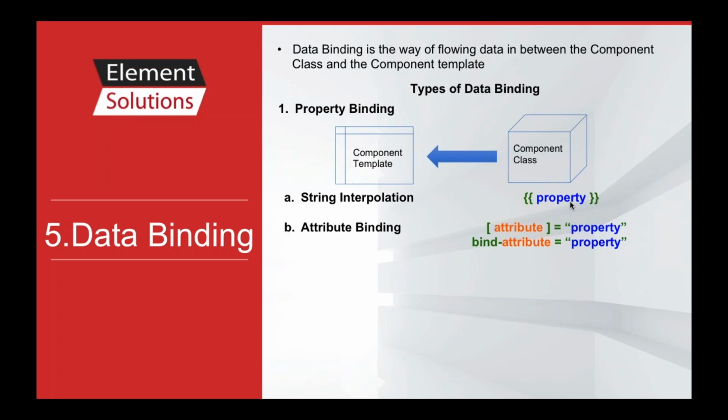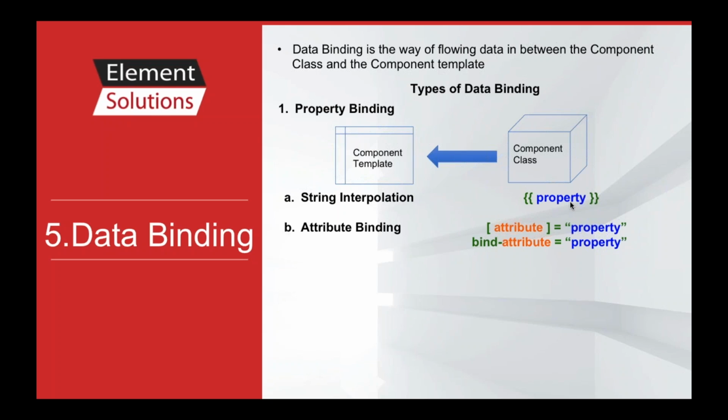And attribute binding is a different way. For attribute binding, we use square brackets within the attribute. For example, for the div tag, we have the innerHTML attribute, or for button, we have a disabled attribute. For those attributes, if we want to bind a value from the component, for example, there is a property in my class that says whether to enable or disable the button.